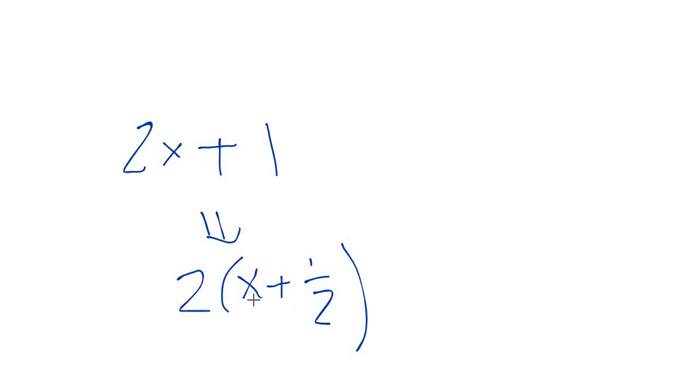What you can do is divide by x plus 1/2 first, and then multiply the 2 back in later once you get your answer. So that's another way to do synthetic division. Basically you can divide by any binomial, it doesn't really matter. You don't have to only do monic binomials.